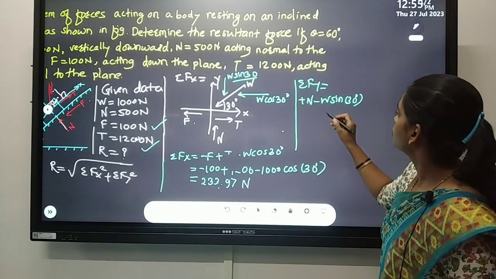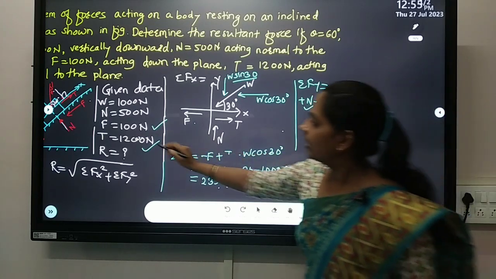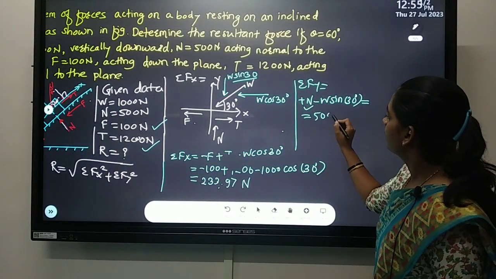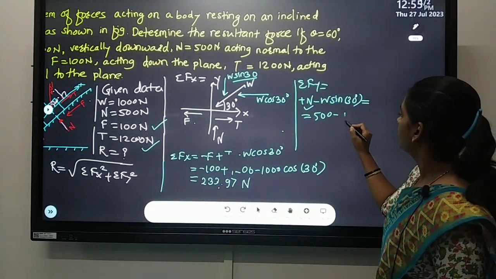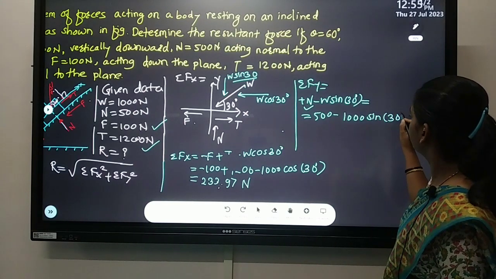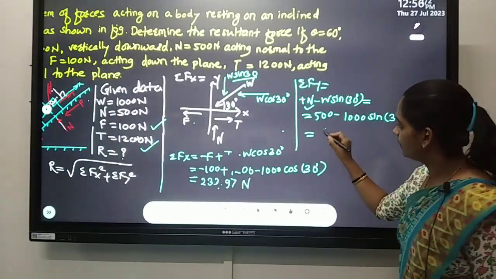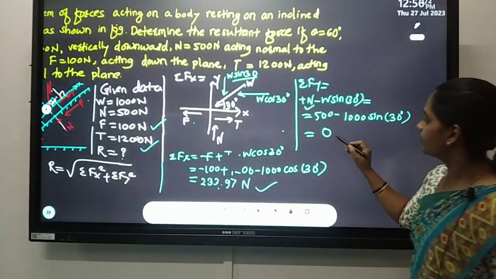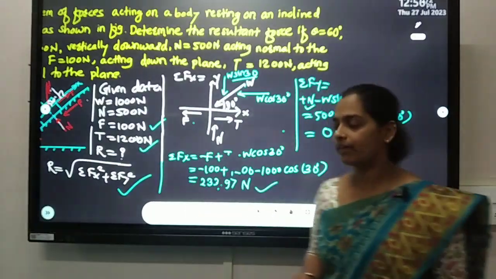No. So, just calculate it, put the value for N is equal to 500 Newton, 500 minus the W given is 1000 Newton, 1000 into sin of 30 degree. Just calculate and tell me the value. It becomes 0, okay. Then just put summation F of x and summation F of y in the formula of R, alright, and tell me the value.